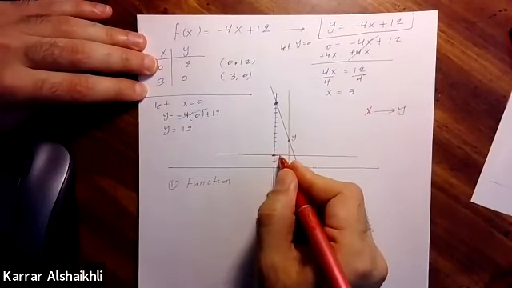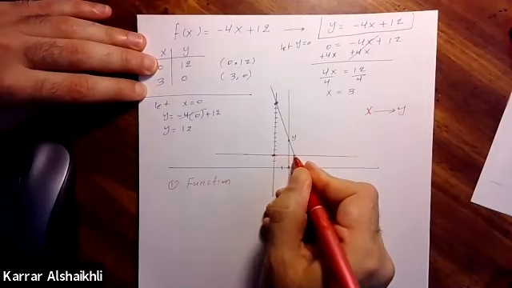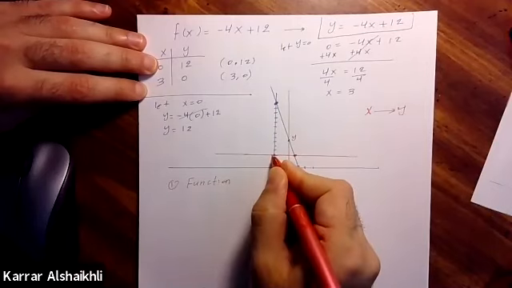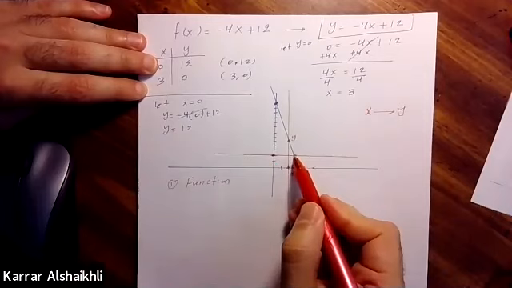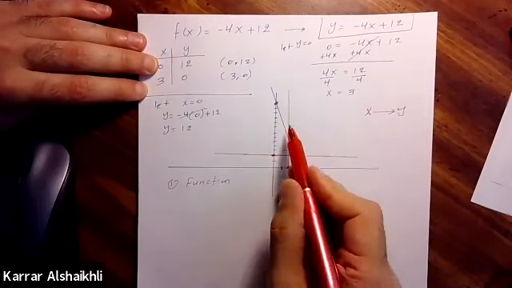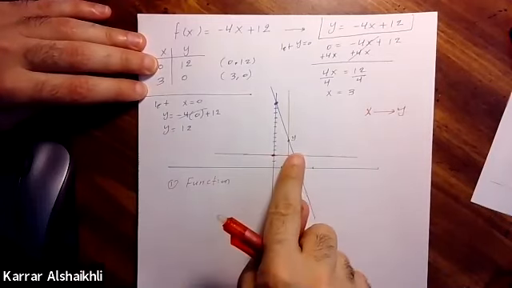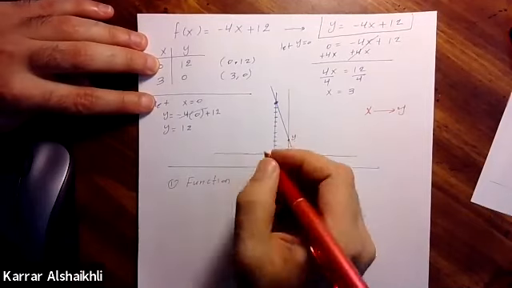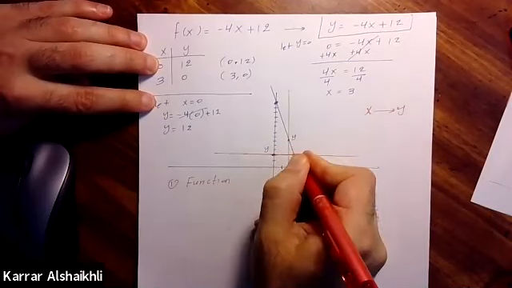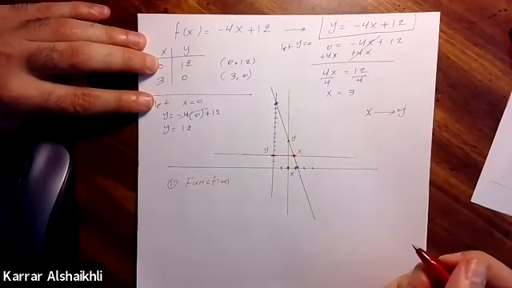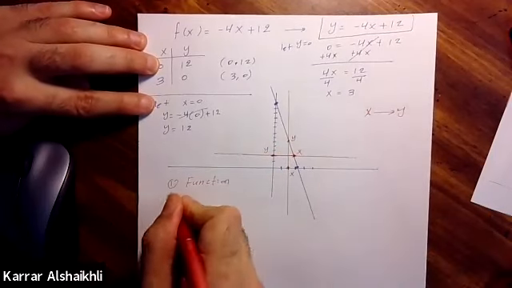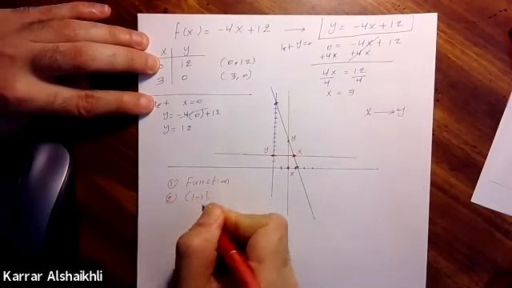At this y, it goes to the graph, which is 1 x. This line does not intersect the graph in 2 points. It intersects the graph at only 1 point. That means at this y goes to 1 x. So the second condition is satisfied. So it's a one-to-one function.